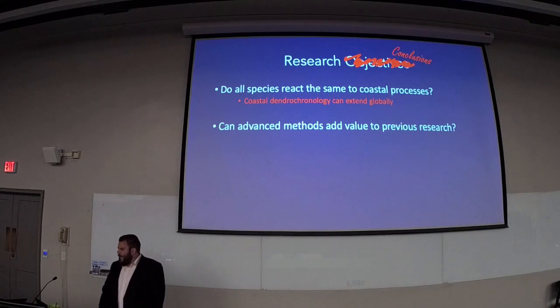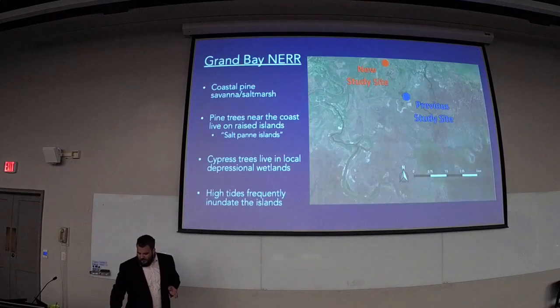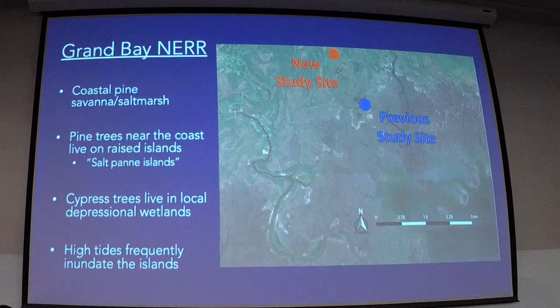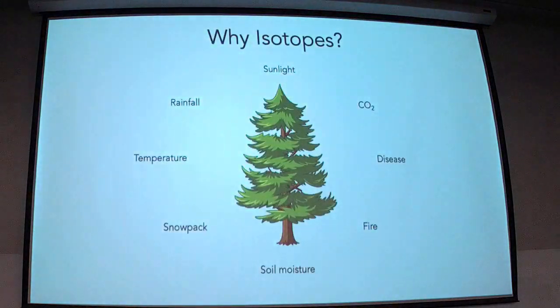So far we've looked today at ring width. And now we're going to go back to that original study site, that blue dot here, and we're going to use those same trees that we published in 2015, and instead of using ring width, use something known as stable isotopes to look at these trees. And why do we use isotopes?